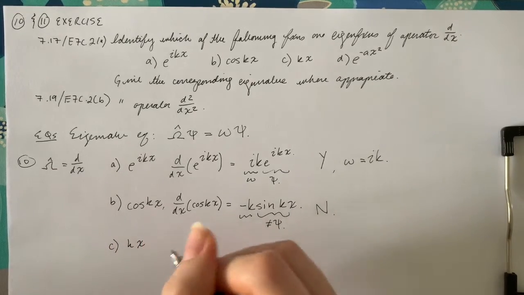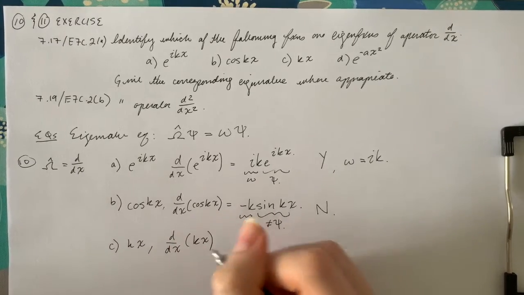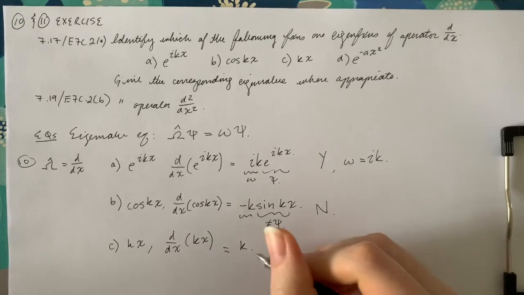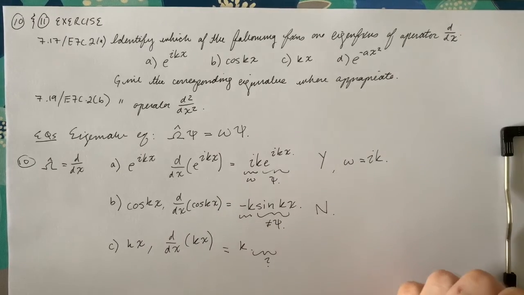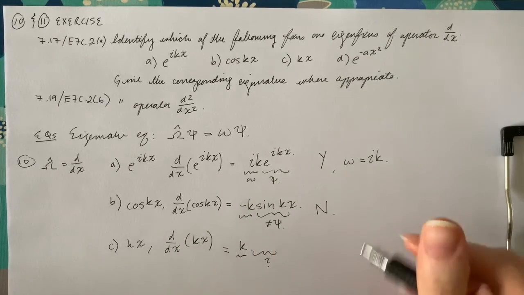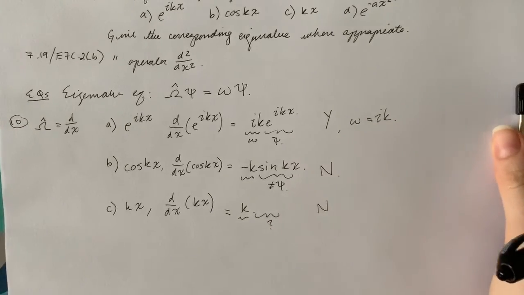Next, we have kx, where the derivative of kx is just k. So here, we don't even have a function to follow the constant that we get out. So again, not an eigenfunction of this operator.